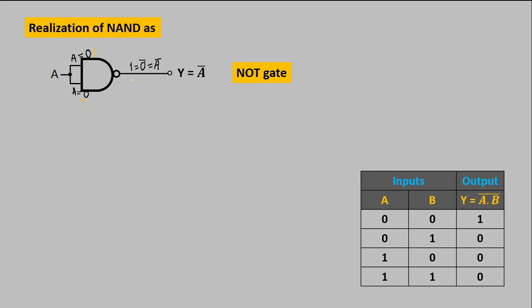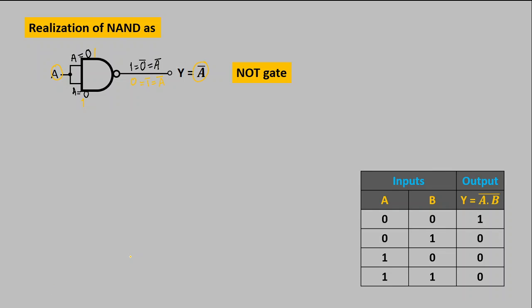This 0 is the complement of 1, which was entered at the input, so you again get A complement. So this is nothing but NOT logic. A is entered and in both cases you get A complement at the output. One input, one output, which is the property of a NOT gate. So NAND can be used as a NOT gate, but for that, this kind of connection has to be made.